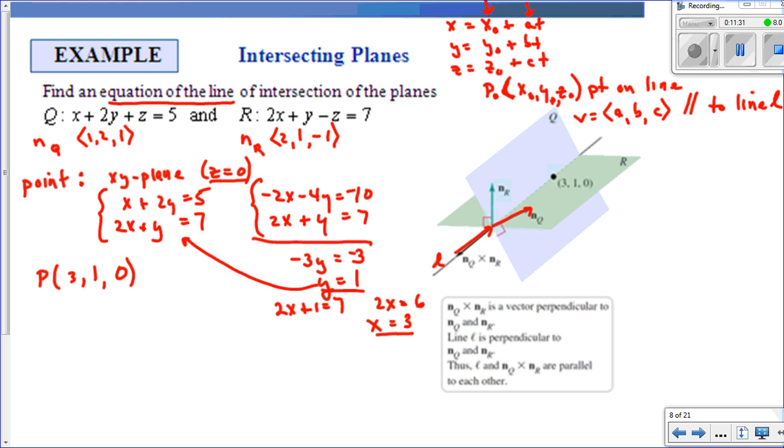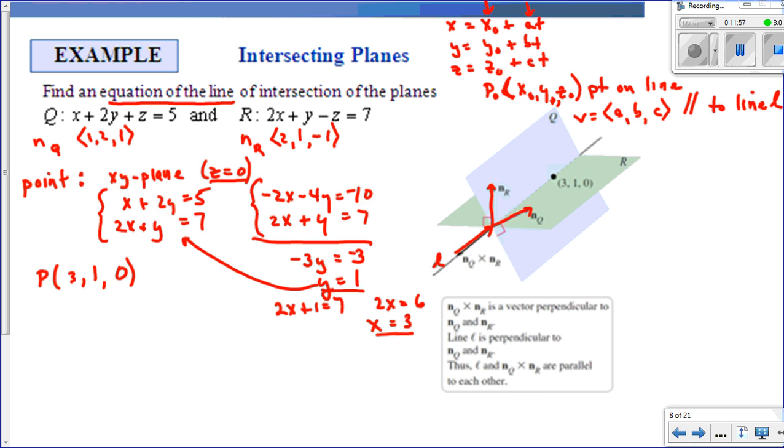And the plane R has a normal vector, n sub r. If those are vectors that are orthogonal to those two planes, then if we have a line passing through either of those two planes, which L passes through both of the planes, any line or vector in the plane must be perpendicular to those two normal vectors.